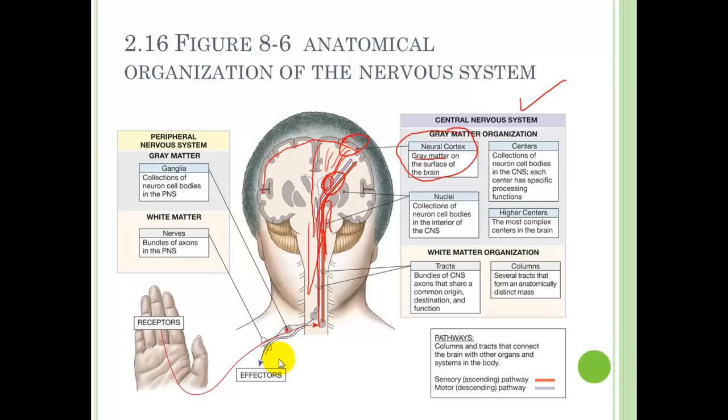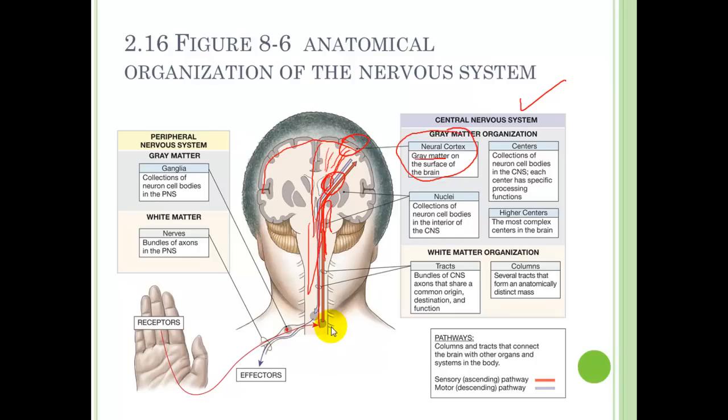White matter organization, which again is primarily composed of axonal bodies. You have tracts, which are bundles of CNS axons, and they share a common origin, destination, and function. An example of this is the cranial nerves, which would control most of the autonomic function of the primary organs: lungs, heart, intestinal movement, and so on.